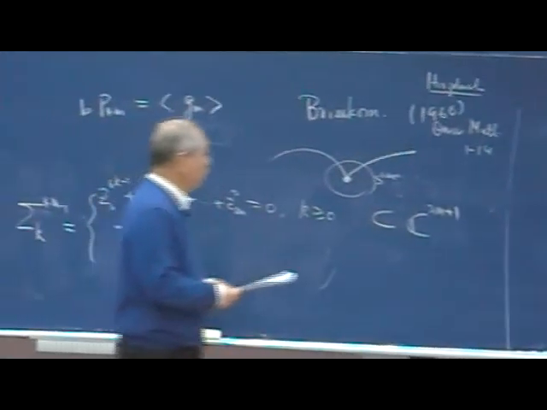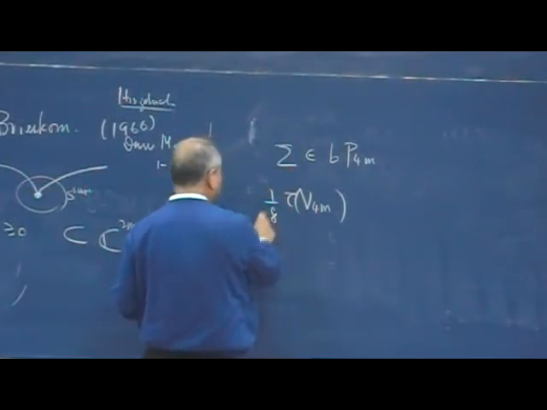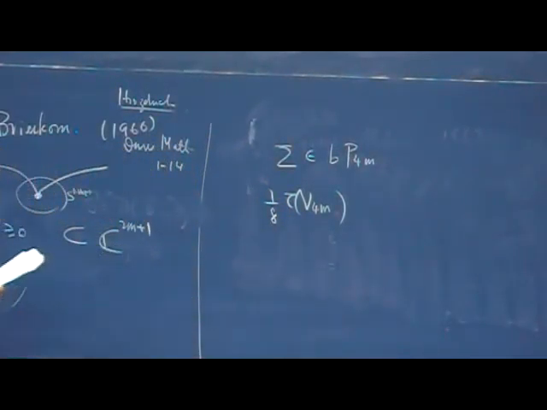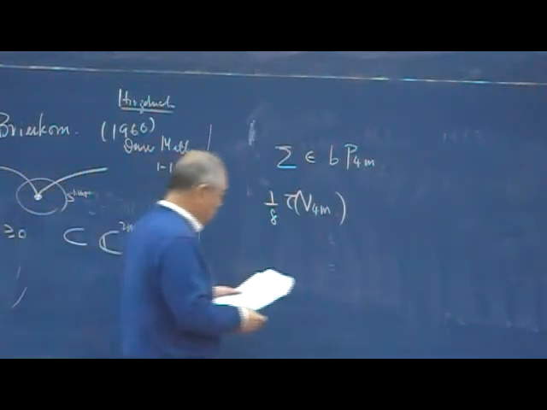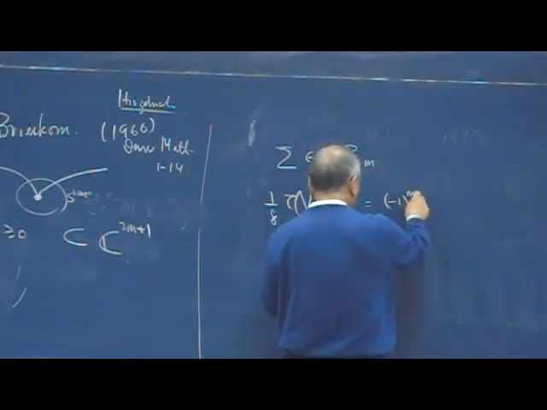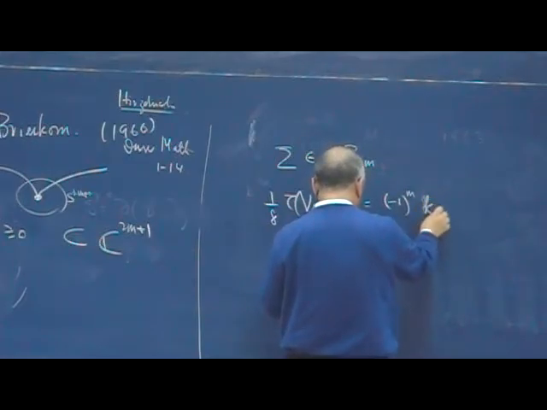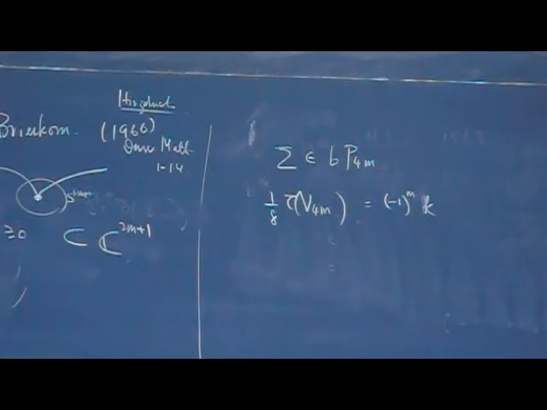From the Milnor fibration you can find the bounding manifold, and the signature is always divisible by 8. You can prove that there's a completely determined number for k, which we can call minus 1 to the power of k. So we conclude that this k determines this manifold.